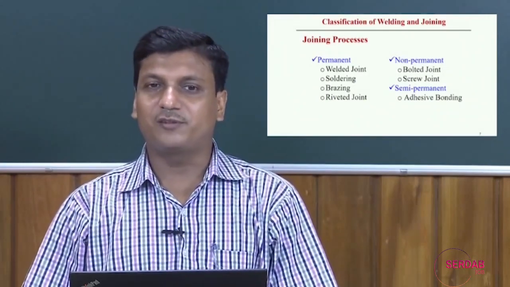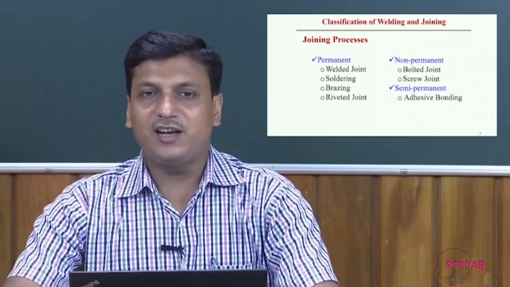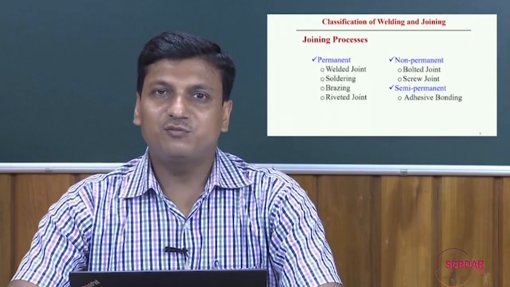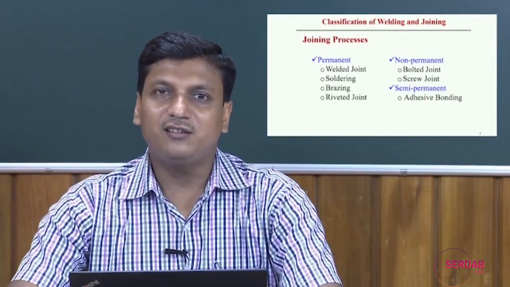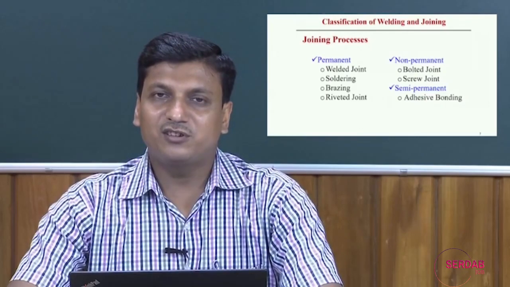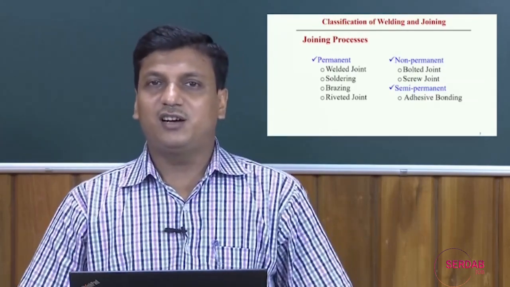Semi-permanent joints can be categorized as adhesive bonding. When joining two materials, we put the adhesive between them, and after a certain curing time, the two components or two metals can be joined.